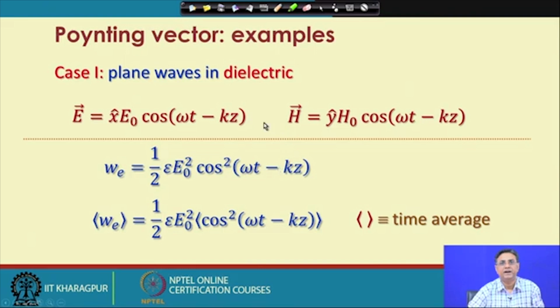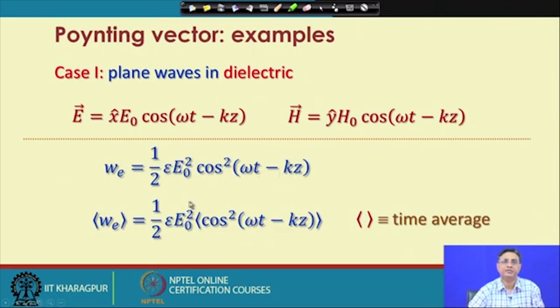Then the magnetic field can be written as this, because the electric field is x polarized and the magnetic field is y polarized. The energy density associated with the electric field can be calculated as half epsilon E naught square cosine square omega t minus k z.